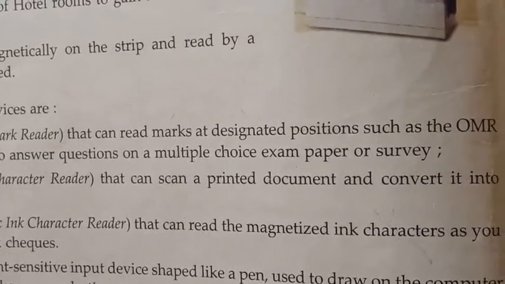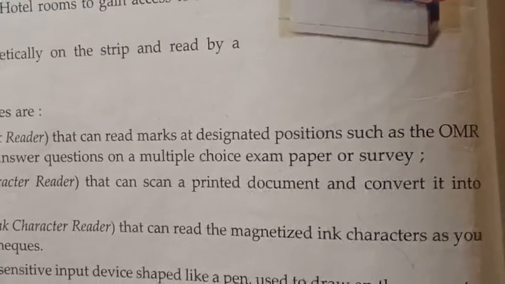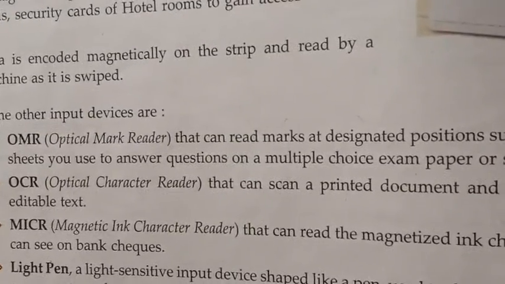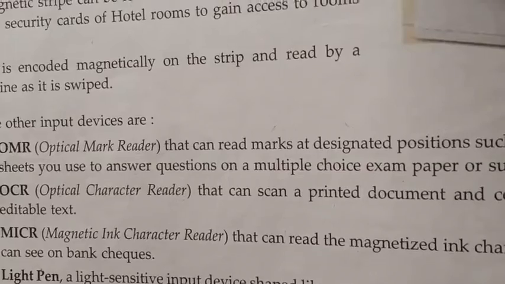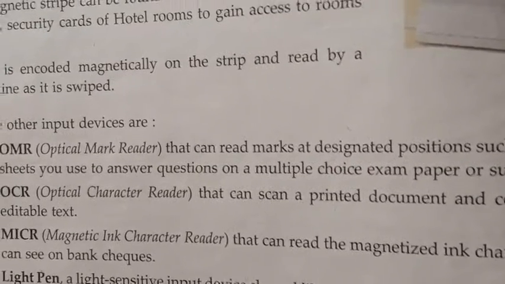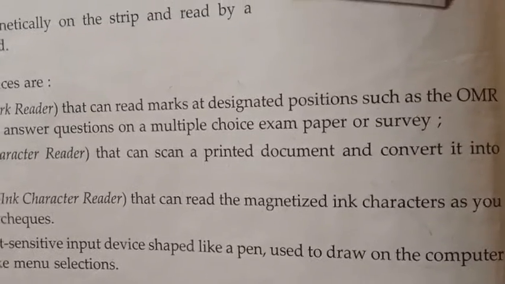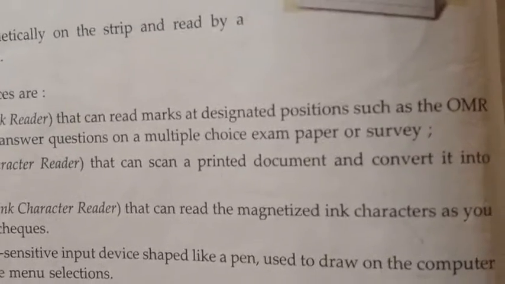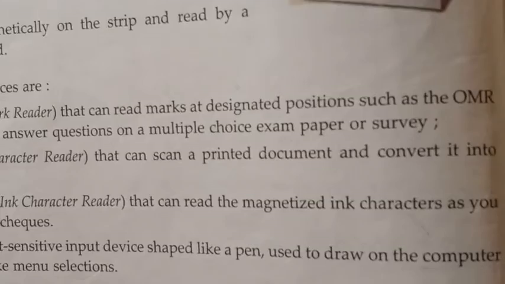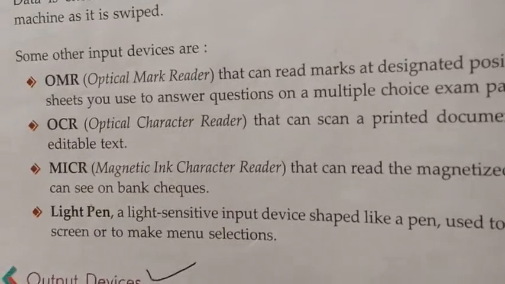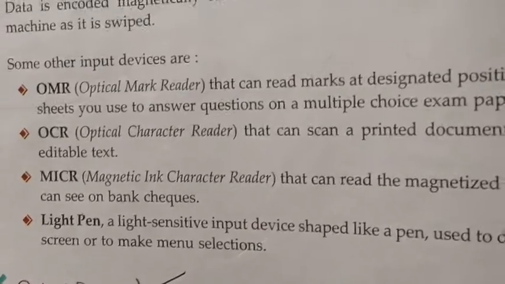It reads magnetized ink, a special type of ink. If you see a bank cheque, there is magnetic ink on it. The characters are coated with magnetic ink, and such characters we can read only by MICR, the magnetic ink character reader.